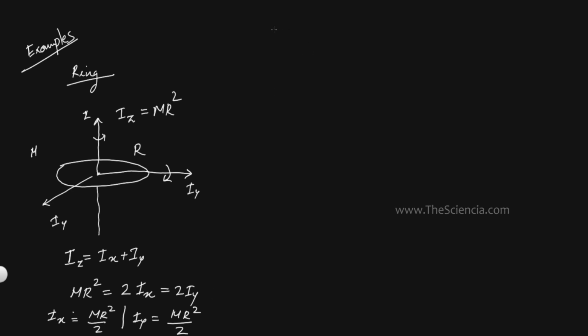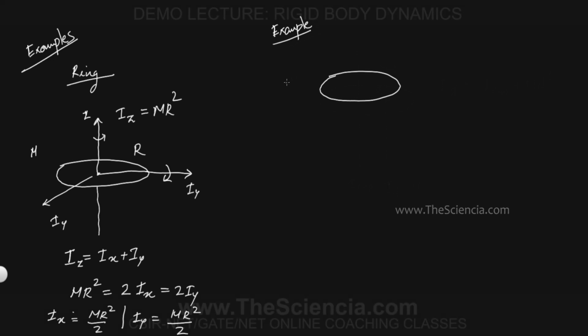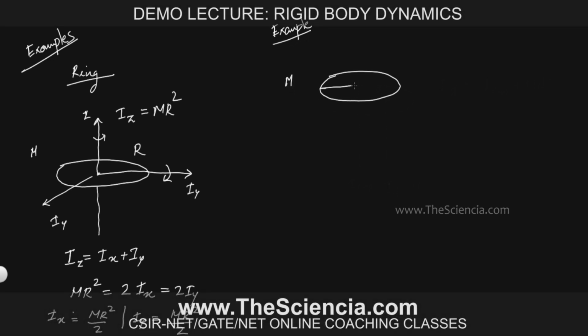Next we discuss an example for the next theorem, the parallel axis theorem. Again we are taking a ring of mass m and radius r, rotating about its center of mass, so the moment of inertia is ICM.